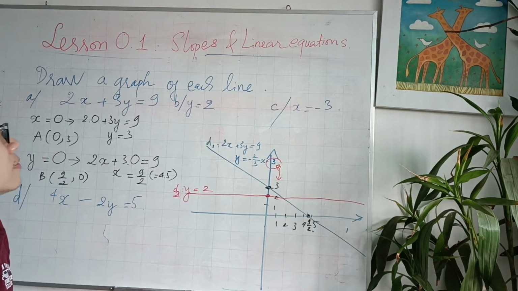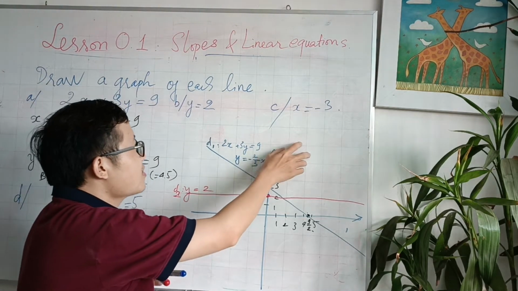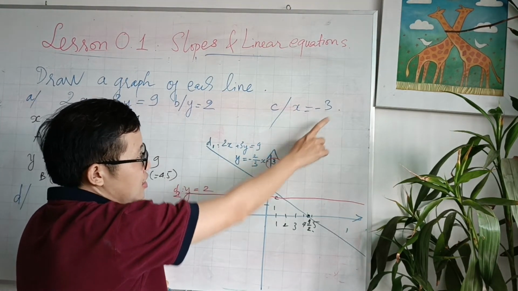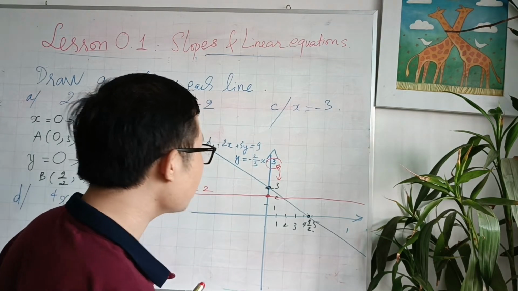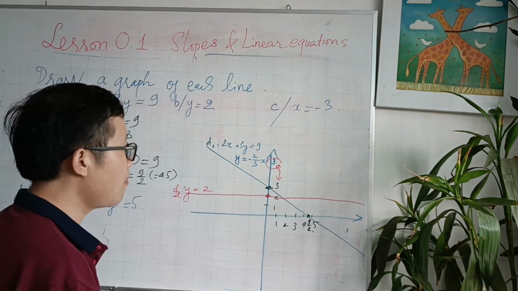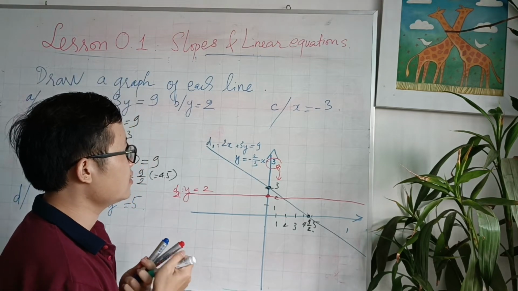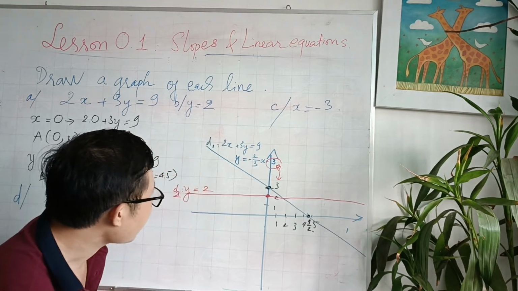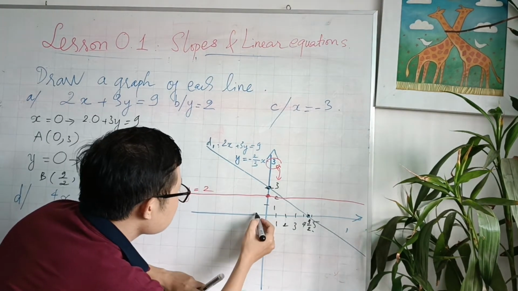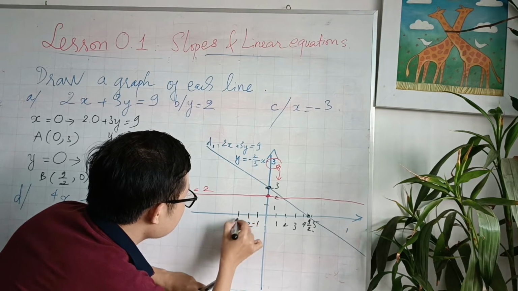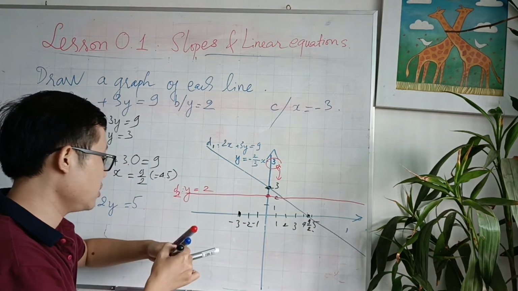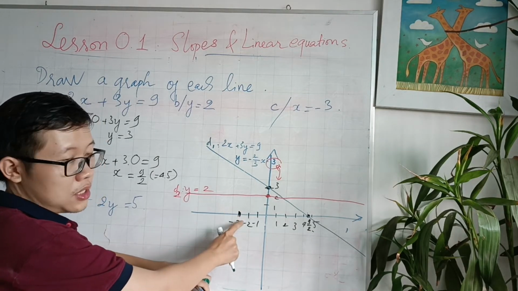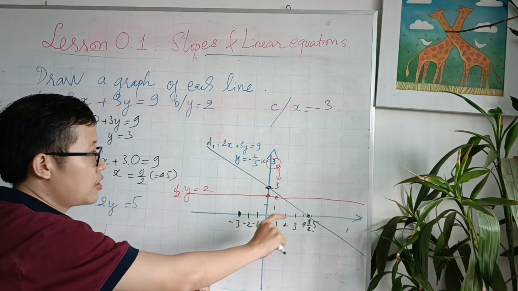And the last one, sorry, the third question, we have D in the last one, not C. x equals -3. x equals -3 is a line perpendicular to the x-axis. What is -3 on the number line of the x-axis? -1, -2, and it's -3 here. So we sketch the line going through this coordinate -3 and perpendicular to the x-axis.